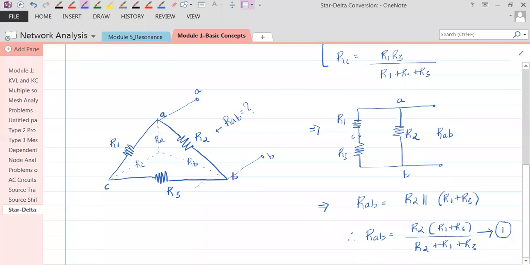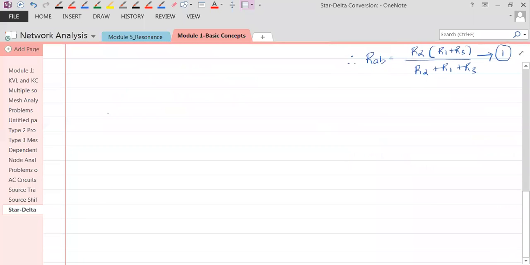Is this okay with you? So let's consider the delta and obtain RAB. Similarly, let's now consider the star.